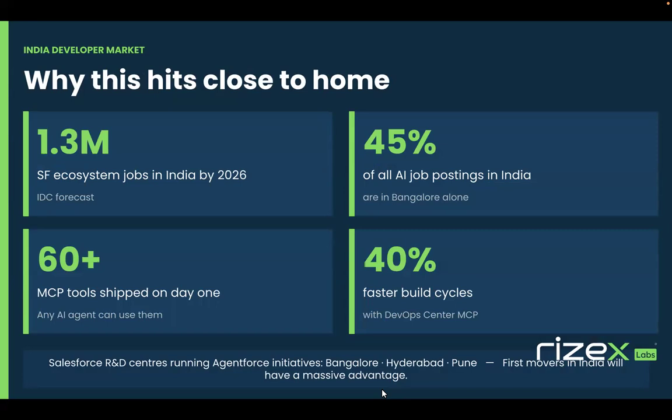Salesforce R&D teams are already working on the Agentforce initiative. That means Indian developers who start learning these skills early will get a massive advantage, especially developers in cities like Bangalore, Hyderabad, and Pune, the major IT hubs in India. This is the real time to upgrade yourself before it is too late.